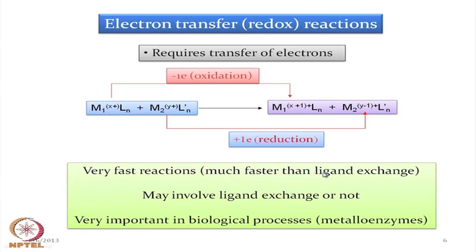Ligand is moving from one metal center to the other, but in this case the reactions are much faster than ligand exchange. It may involve some ligand exchange, but sometimes not. It is very important in biological processes, such as metalloenzymes, different cytochromes and the blue copper proteins, where very fast electron transfer reactions can take place from one protein site to the other.